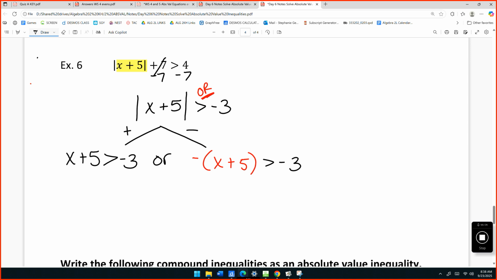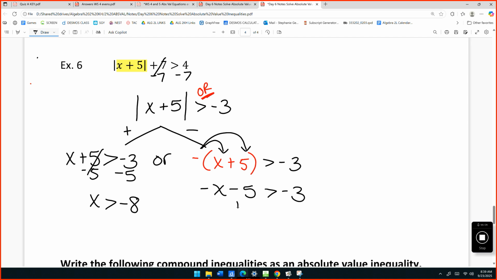Okay, and then we can solve. Over here we can minus 5, so x is greater than negative 8. Here we can distribute the negative, so negative x minus 5 is greater than negative 3. So we can add 5. So negative x is greater than 2.